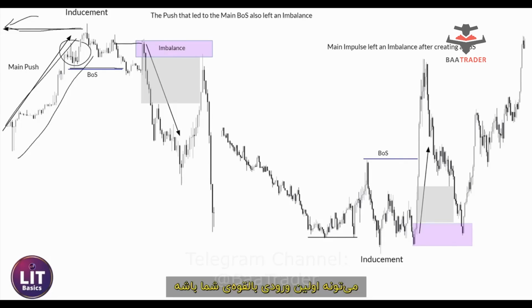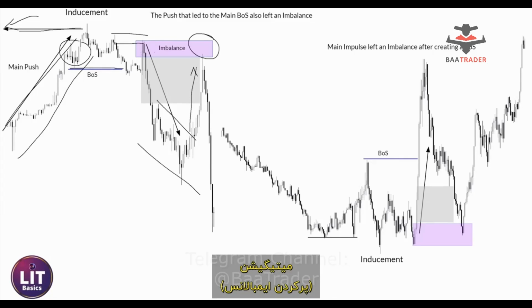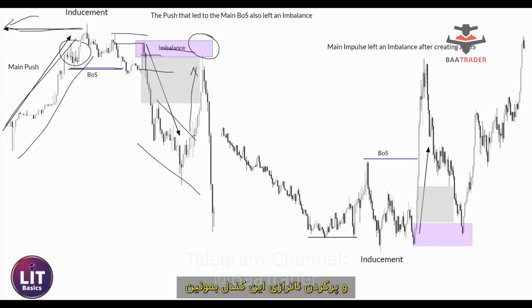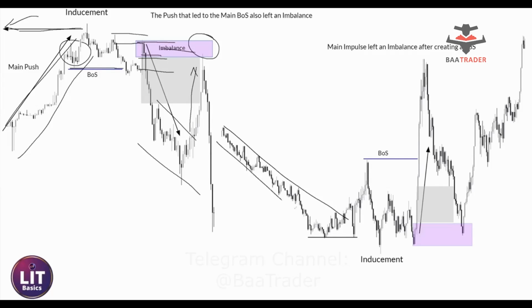Here could be your first potential entry, or we could wait for, again, channel into inducement high, mitigation, filling the imbalance, and mitigating this candle. You're seeing it's the same thing again and again. So, channel, we induce the channel high, but what do we have?